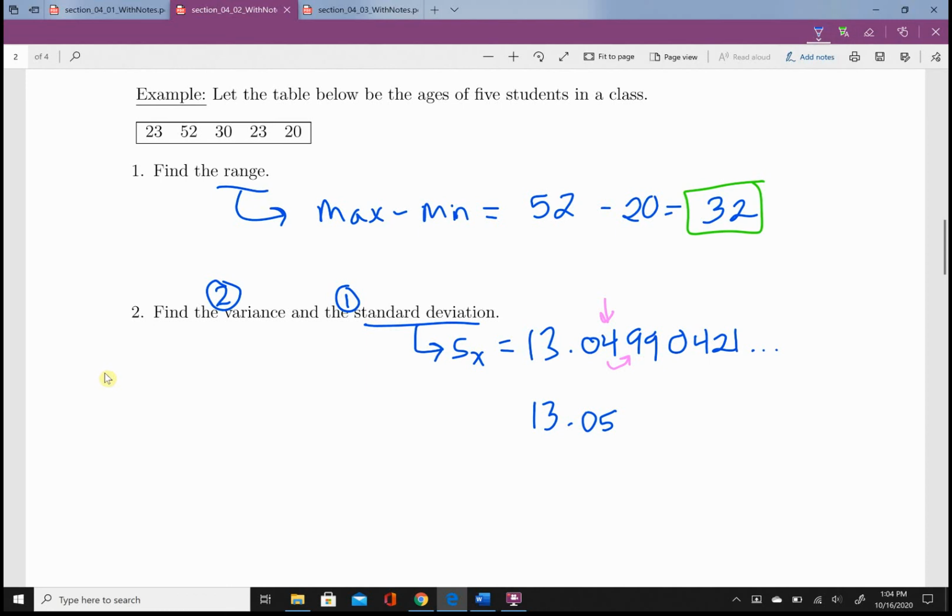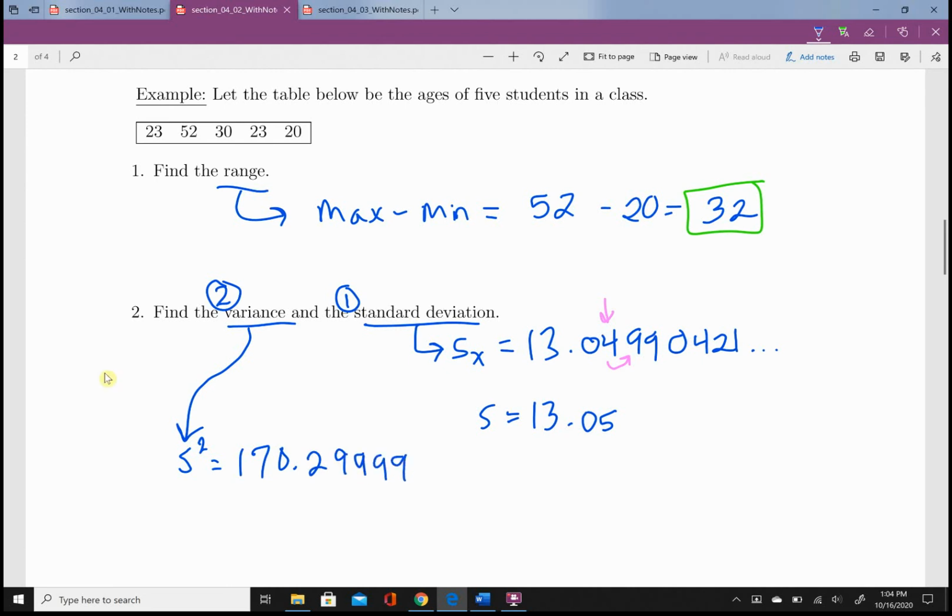So the standard deviation is this number, and then therefore the variance, which is s squared. I keep putting v down, but that's not appropriate notation. The variance is s squared, which is about 170.2, and then nines forever.